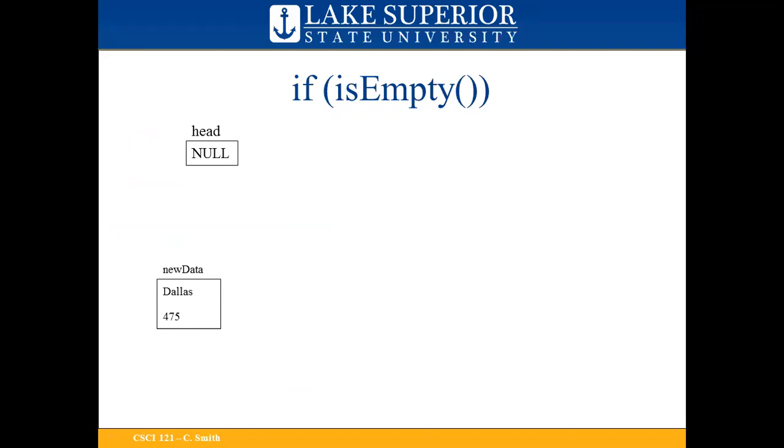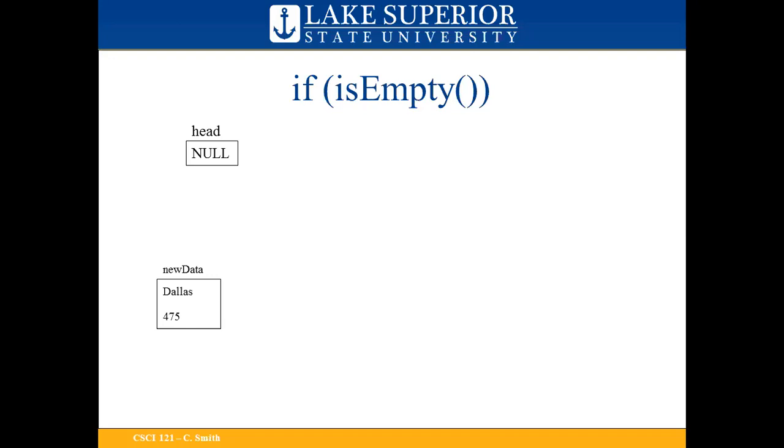So the first thing we need to do is get some space for Dallas. Remember, new data is the parameter to our insertion function. So our insertion method, we're saying insert new data, something like my list dot insert new data.